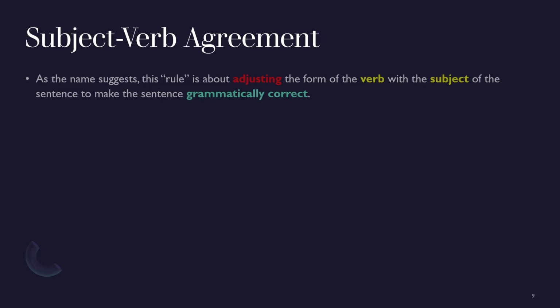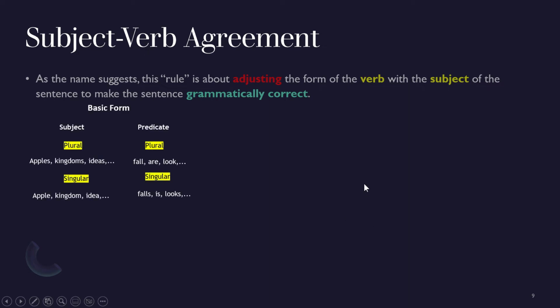It means, in other words, the subject must agree with the verb and the verb must agree with the subject. The basic form of subject-verb agreement is related to the plural and the singular subjects.